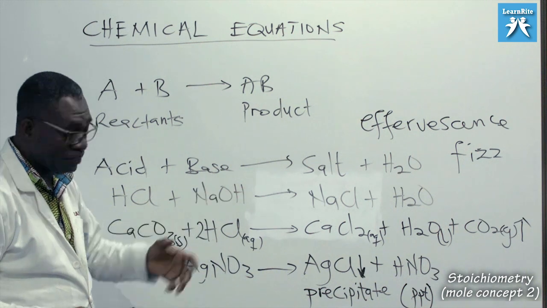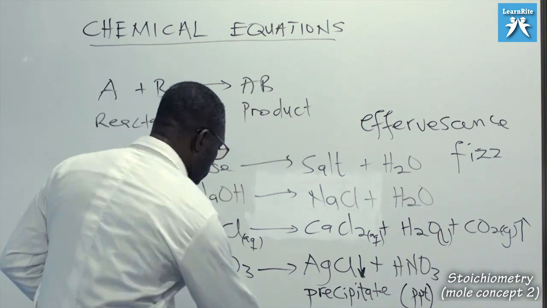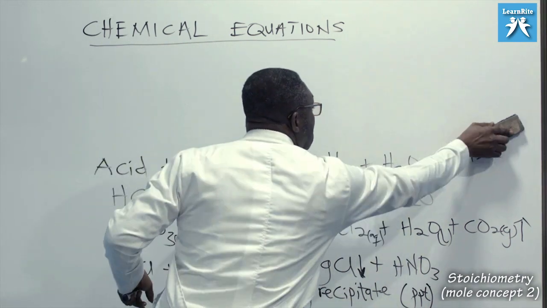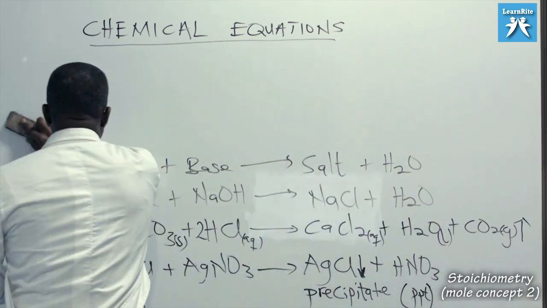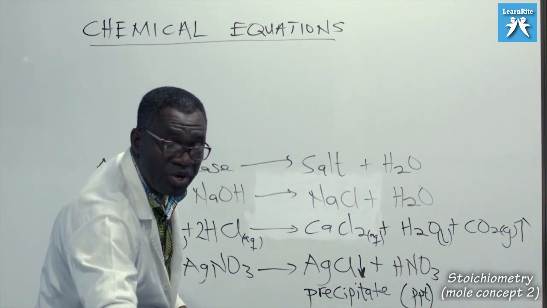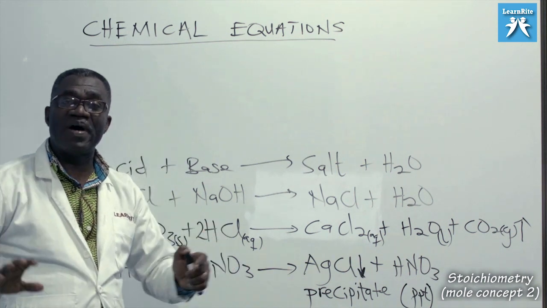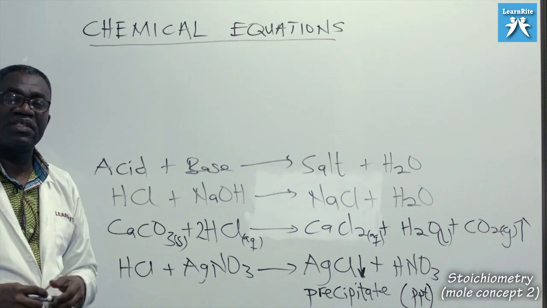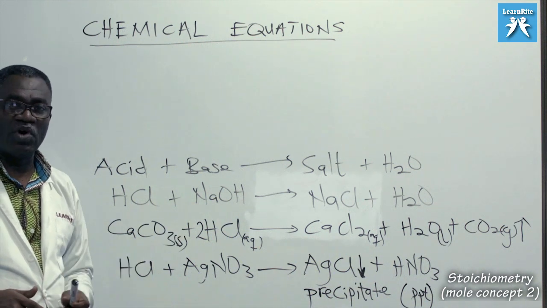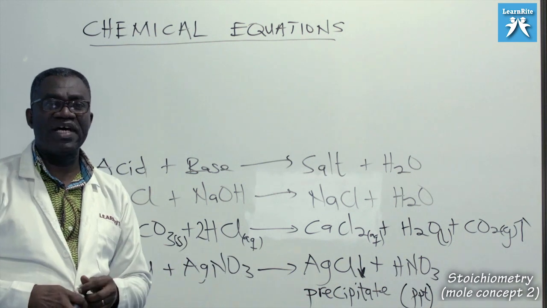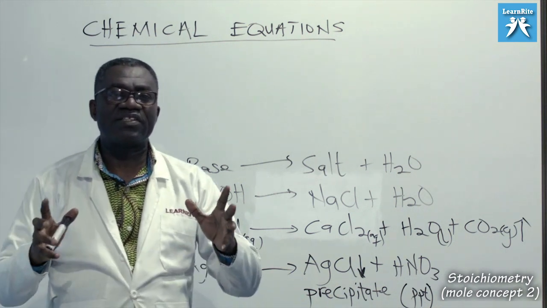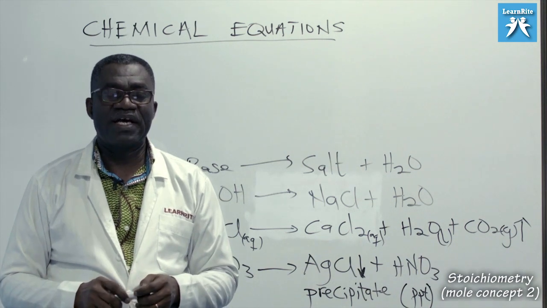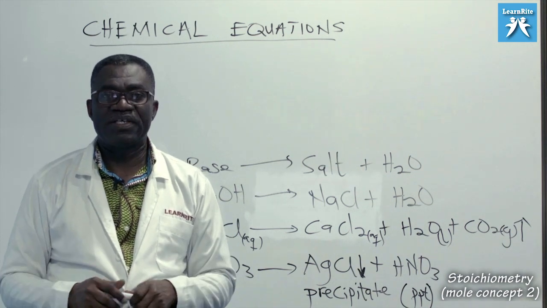In chemistry, we have several symbols that are commonly understood by any chemist or scientist. I'm going to put them on the board. But before I do that, I want you to know that there are certain key characteristics of every chemical equation, and you must know them.